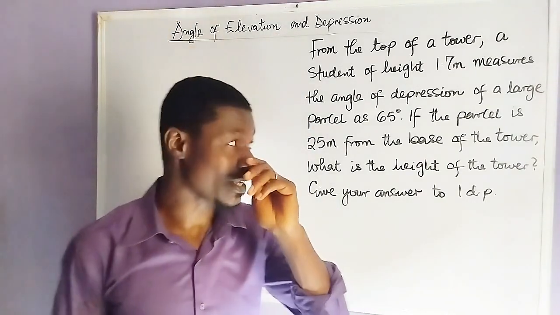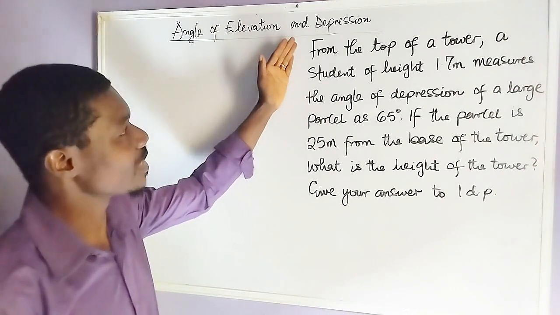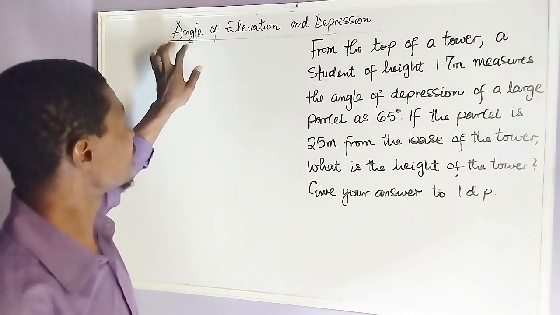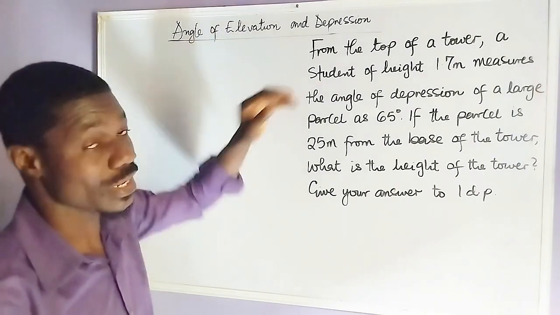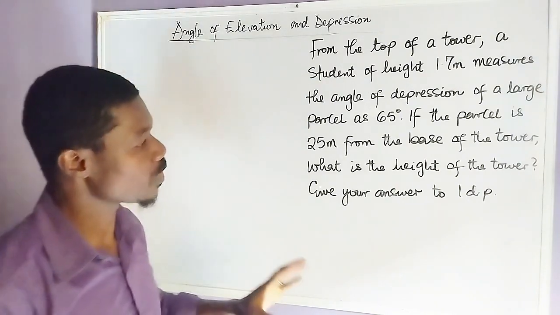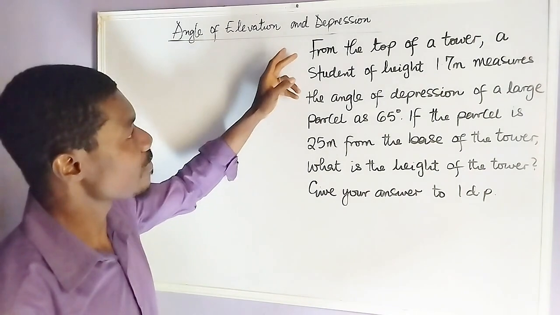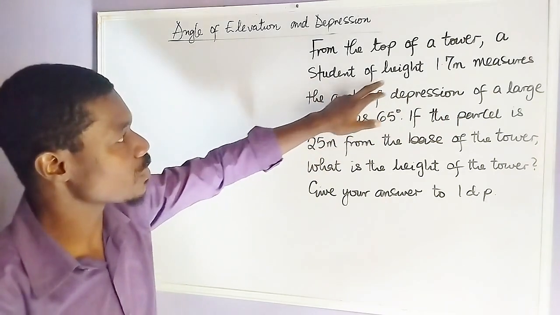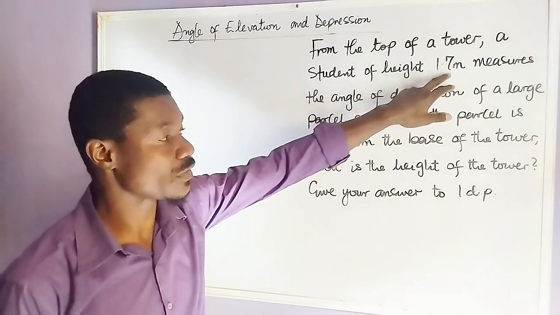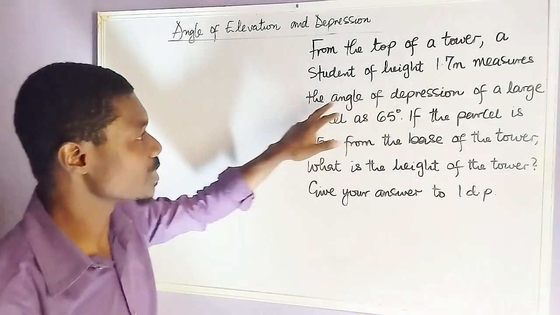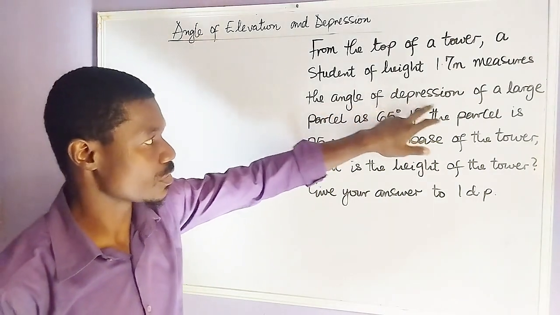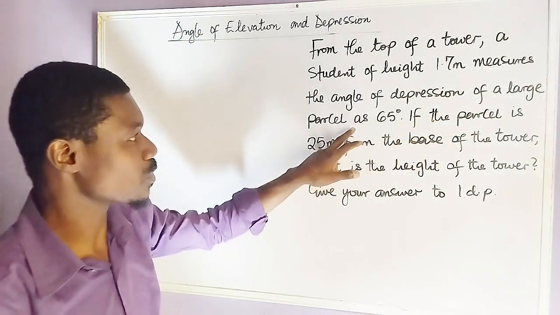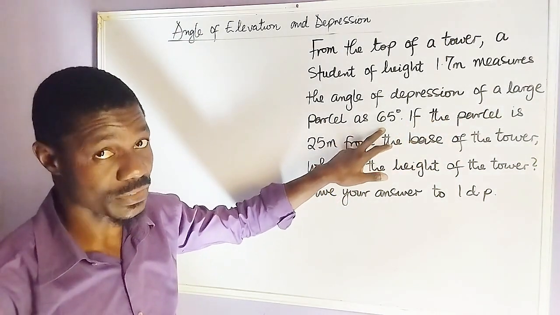Now before us today is this question in angle of elevation and depression. The question says, from the top of a tower, a student of height 1.7 meters measures the angle of depression of a large parcel at 65 degrees.